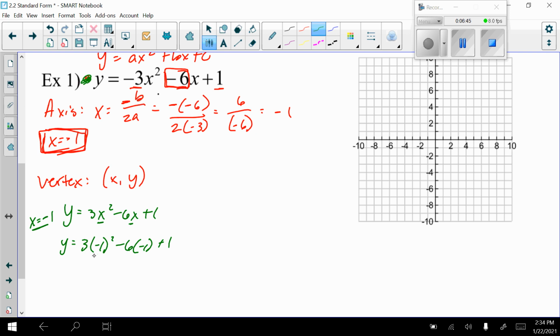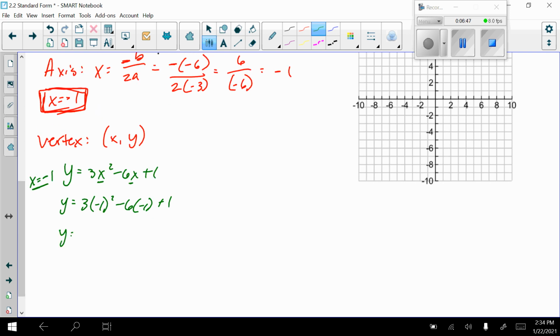We need to do parentheses and exponents first. -1 squared is -1 times -1. That's just 1. I have a -6 times a -1. Negative times a negative is positive, so that's +6 plus 1. Okay. And 3 times 1, that's just 3 plus 6 plus 1.